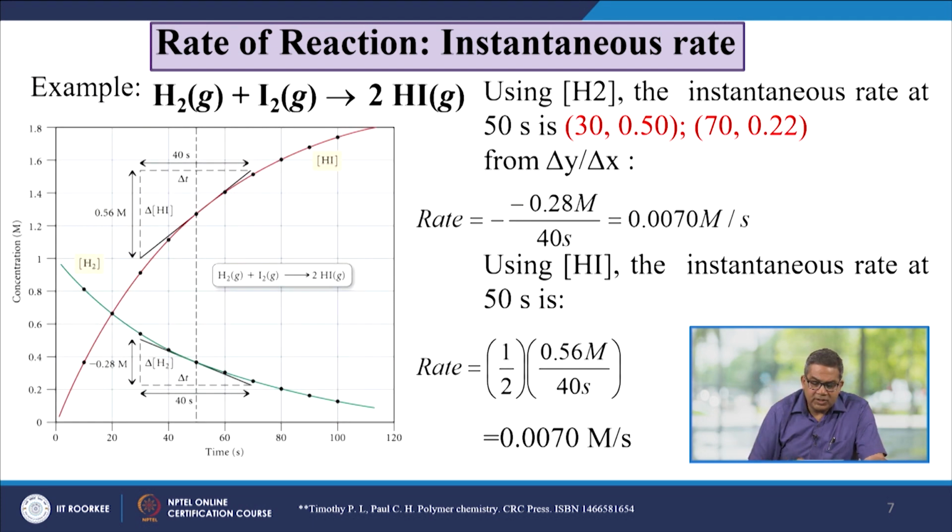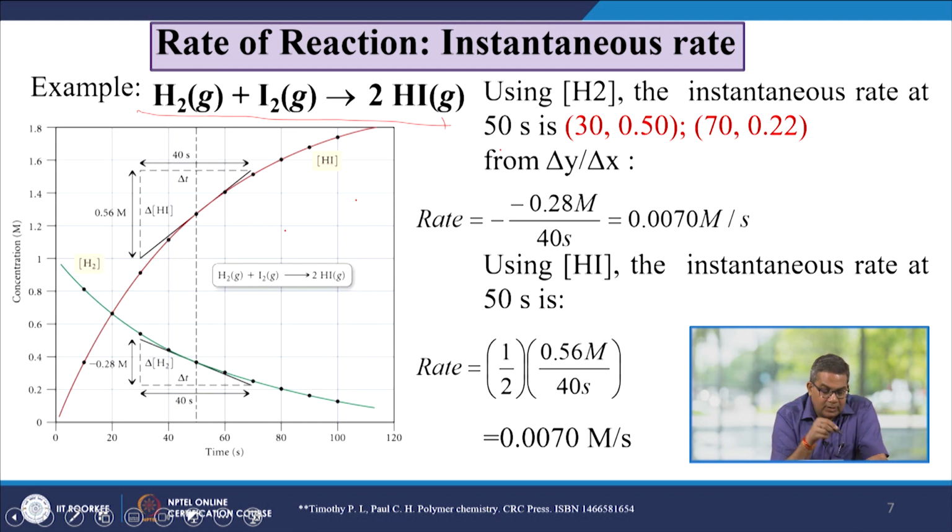Let us take a particular example, that is, H2 plus I2 gives you 2 HI. Suppose we want the instantaneous rate at 50 seconds.